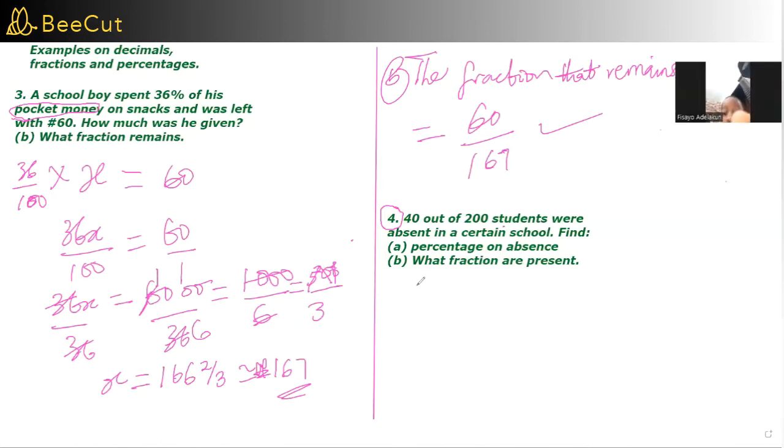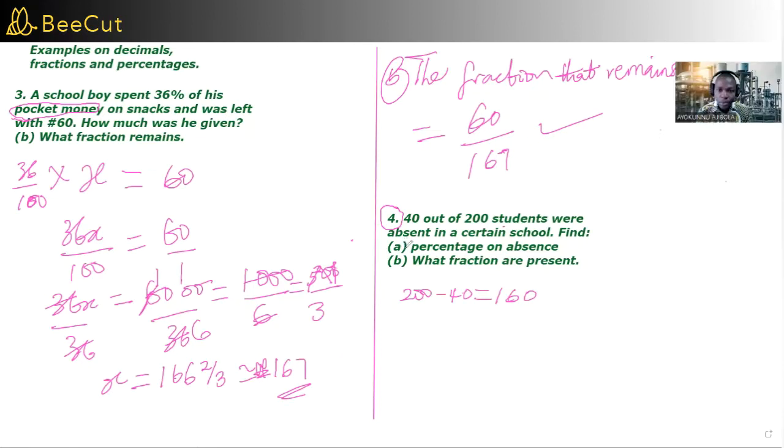I'm looking for the absence. There are 200 and there are 40 people that are absent. You minus the people that are absent from the people that are present. 200 minus 40, that is 160. What does the 160 stand for? The people that are present.